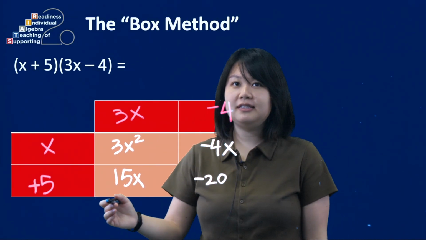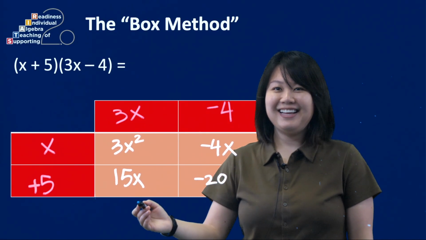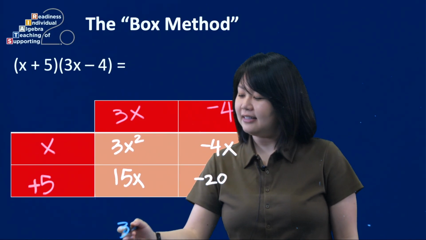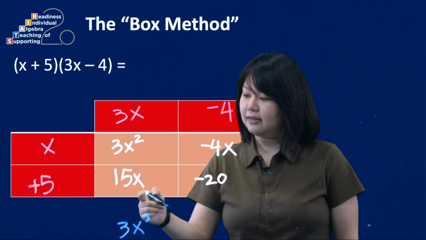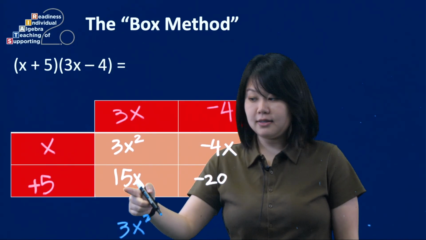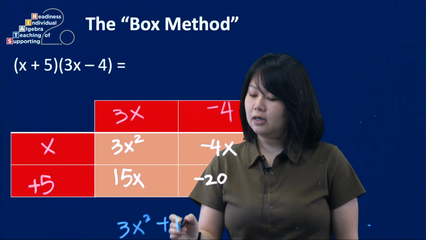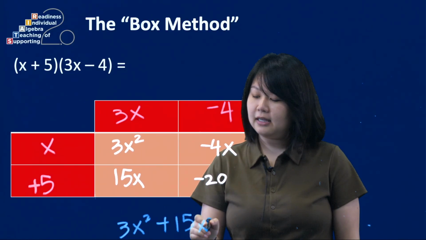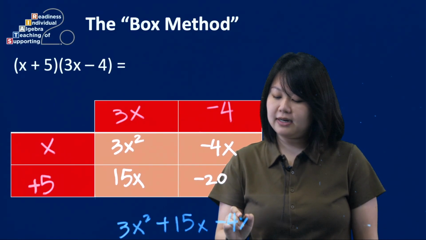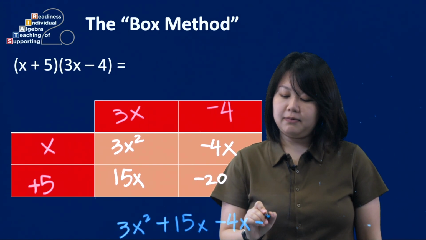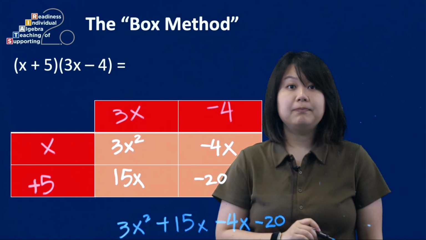So I'm going to write them down here. So I start with 3x squared from this box, and I'm going to write down this box, which is positive 15 or plus 15x. Take this box, negative 4x or minus 4x, and then finally minus 20 or negative 20.